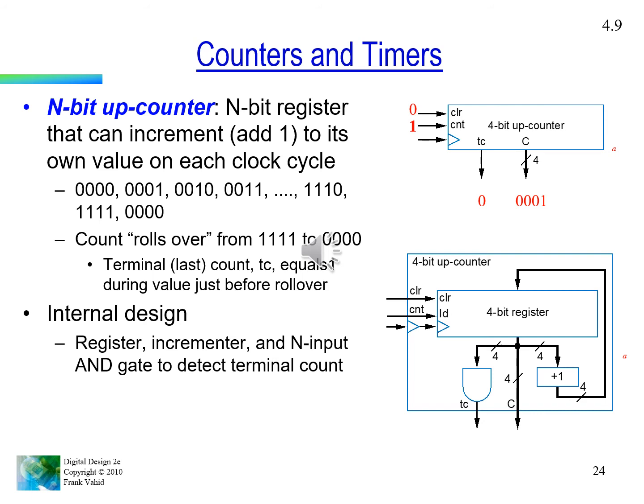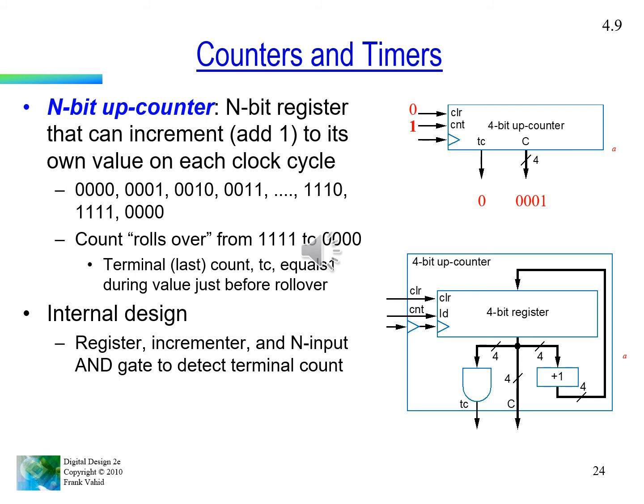The next datapath components are counters and timers. Coming to the counter first, a counter is a component that counts up or down in a particular sequence. For example, it counts from 0000, 0001 and so on, then comes to 15 and then rolls back to 0. The counter rolls over from 15 to 0. So our terminal count value is 15.